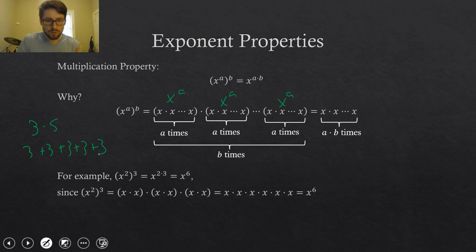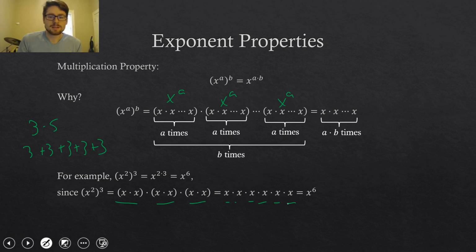So x to the 2 times 3, or x to the 6, is the answer. We can just write it all out. X squared cubed is, by definition, x squared times x squared times x squared. If you remove all these parentheses and multiply it all out, you count up all the x's: 1, 2, 3, 4, 5, 6 x's, and so that would be x to the 6th power, okay?